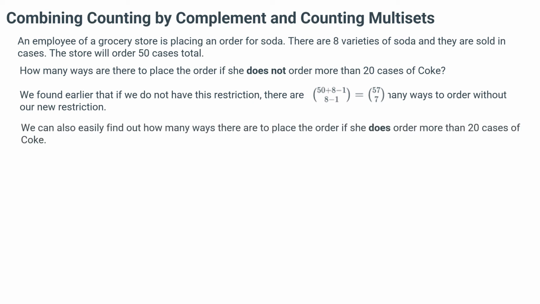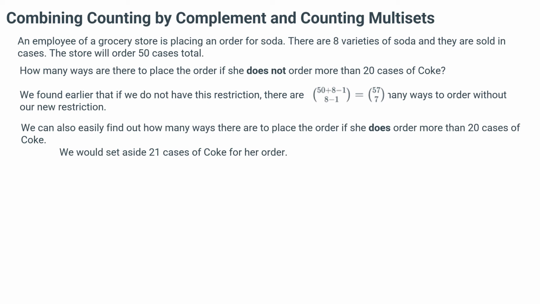But now let's see how many ways there would be if she does order more than 20 cases, because remember, we're going to try to use this complement rule, and the question is how many ways if she does not order more than 20 cases of Coke. But let's see if it would be easy enough to find the answer to this. How many ways if she does order more than 20 cases of Coke? Well, that comes down to a problem like what we've done in the past, where we set aside a certain number of cases that we want to make sure she chooses.